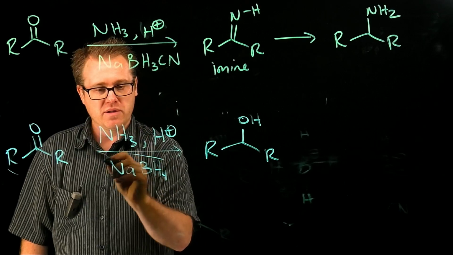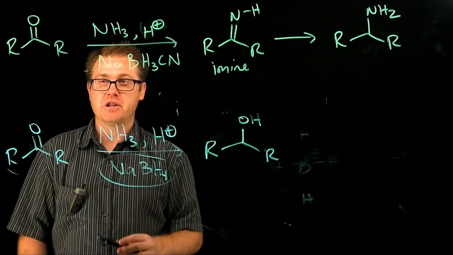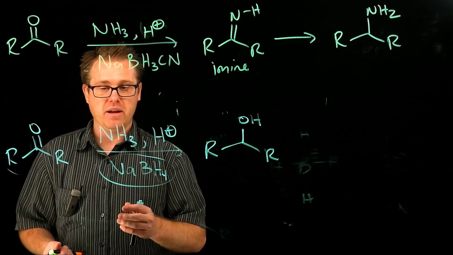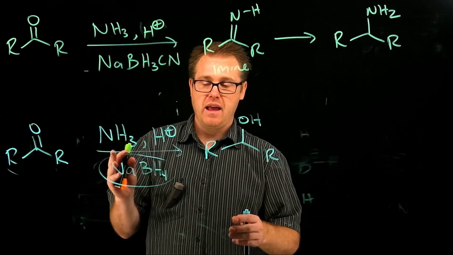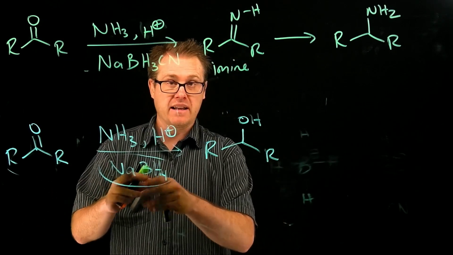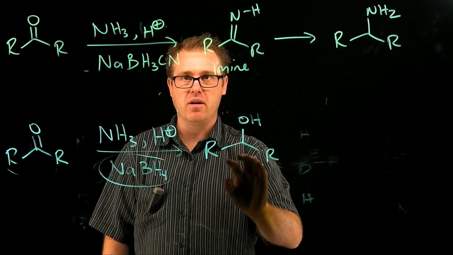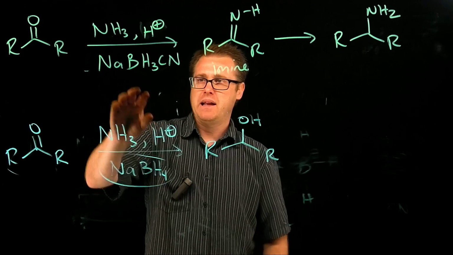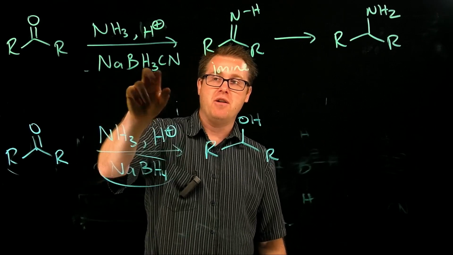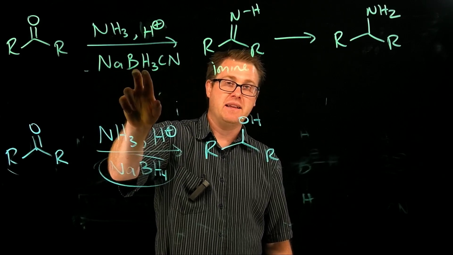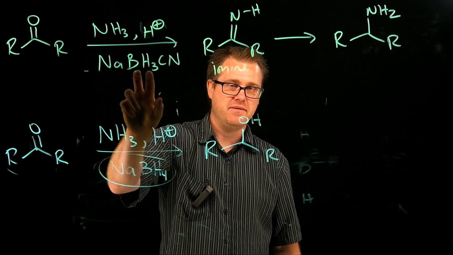So we don't use this because it's just too reactive and you can't control it. And because it's so reactive, you don't form the amine. You form an alcohol. But because sodium cyanoborohydride is less reactive, it is also more selective.